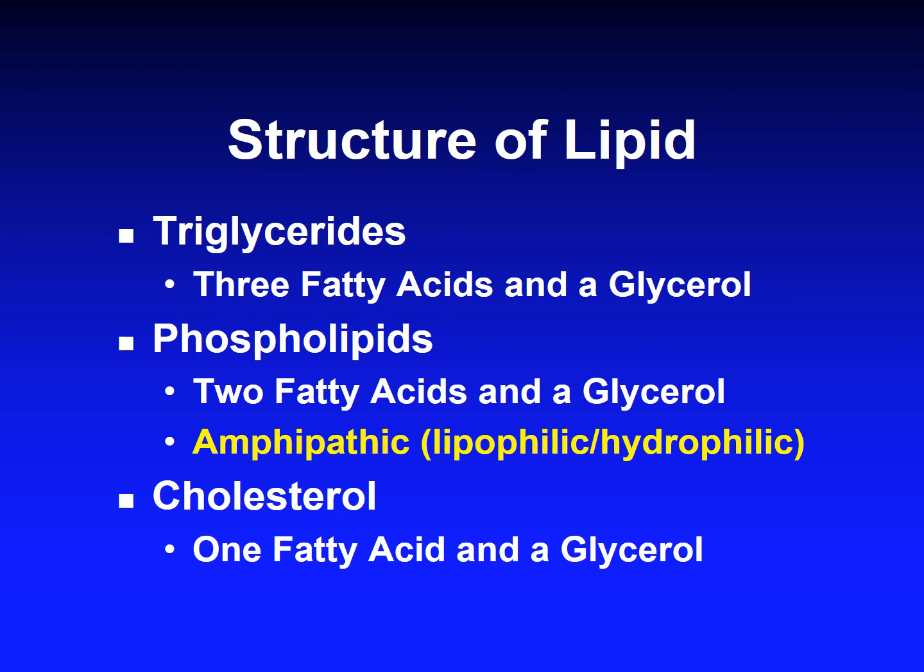And if you remember, we talked about phospholipid in detail when we talked about the secretions of the gallbladder, because this is a very important component of gallbladder secretions. The most important thing about it is it's amphipathic. Amphipathic means it's lipophilic and hydrophilic, meaning it loves fat and it loves water.